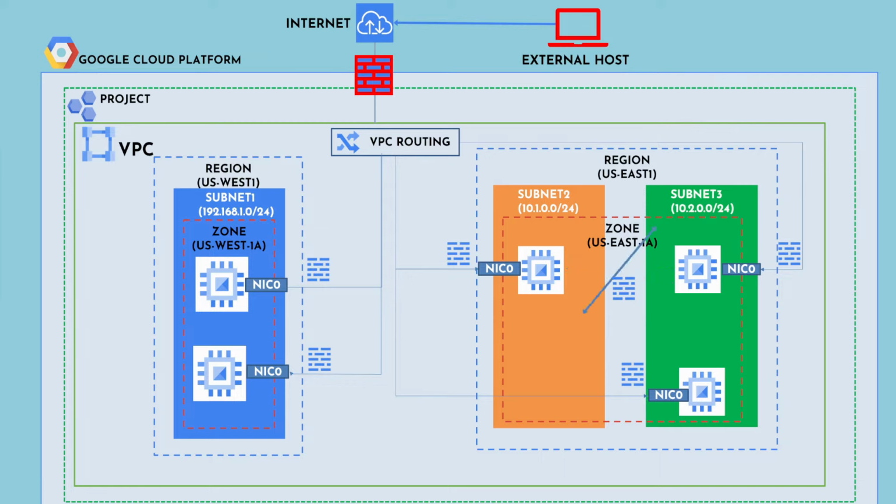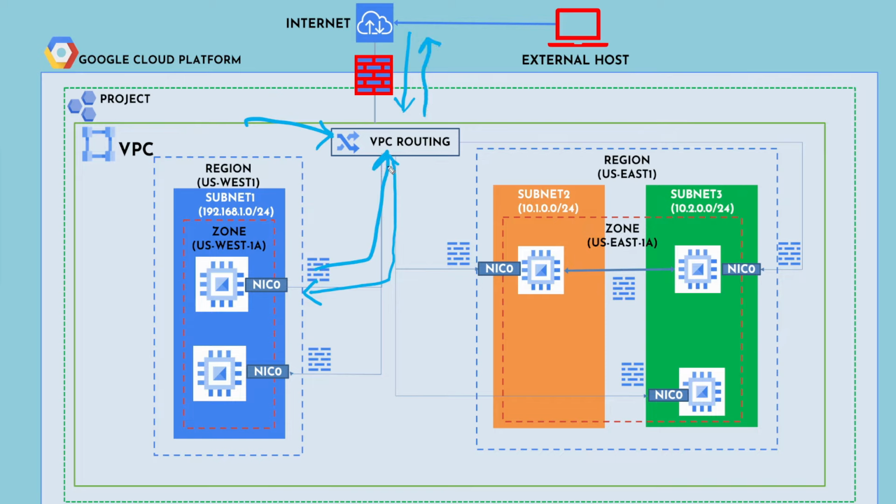Now there is another important thing, which is VPC routing. VPC routing defines the network path that packets take to travel from source to destination. For any incoming traffic, what is the destination of it, what would be the next hop, how it will traverse from one location to another, and how the outgoing traffic would go from one location to another.